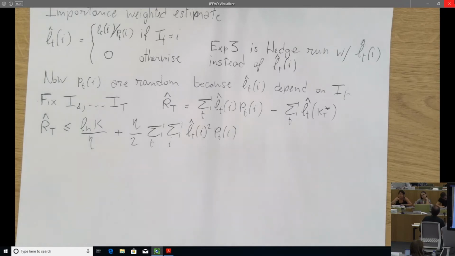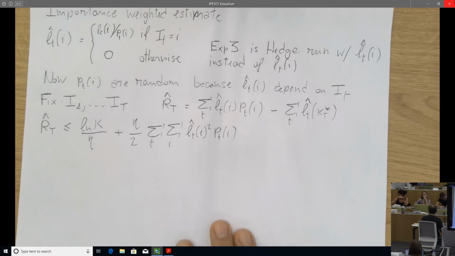Now I want to exploit the fact that I have randomness. So I should be taking averages according to these I_t. These are my random actions. So I should really take expectation with respect to the random actions I made and see what happens here.